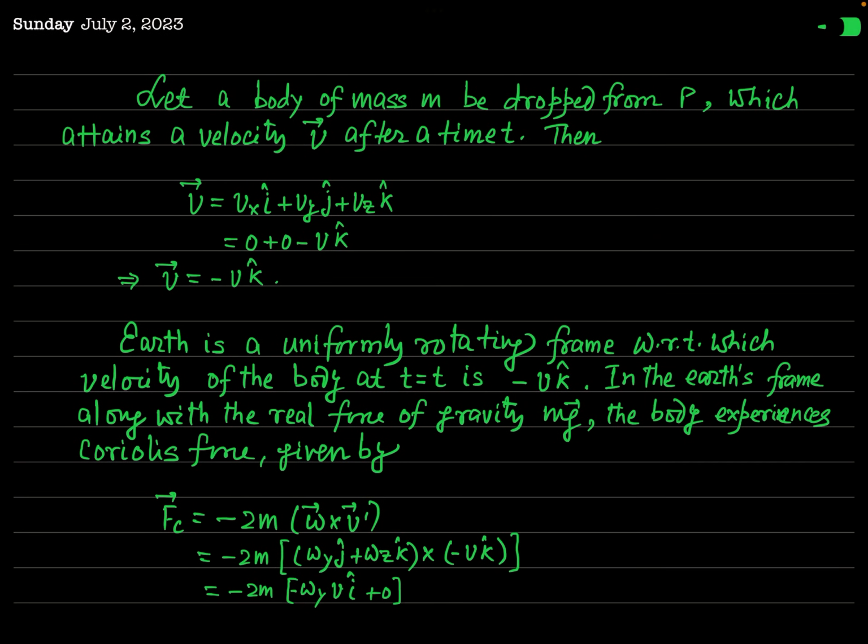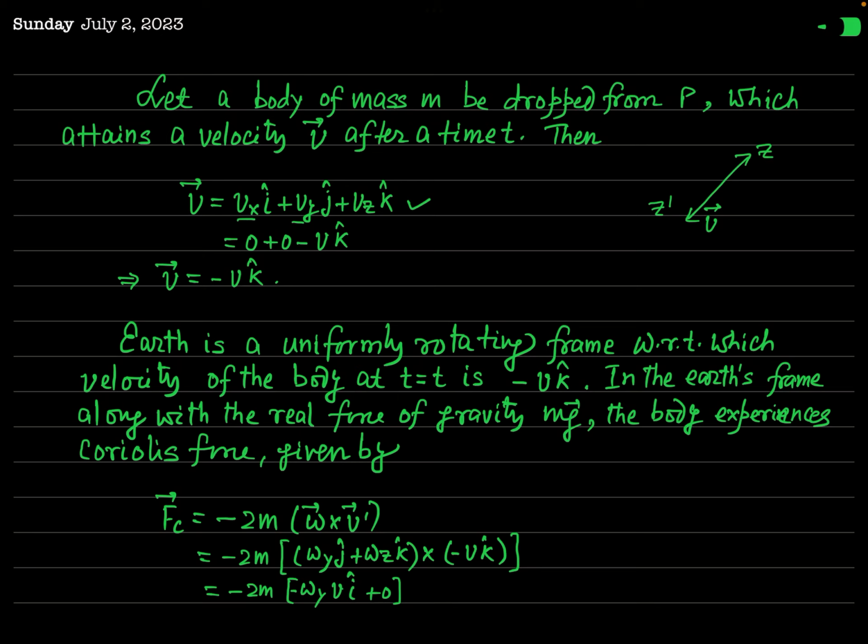You know, v in general can be written as vx i plus vy j plus vz k. But since our body is moving in the negative z direction, because the upward direction is positive z direction and the body is moving vertically downward, the velocity lies on the z axis, and its x and y components will be 0.